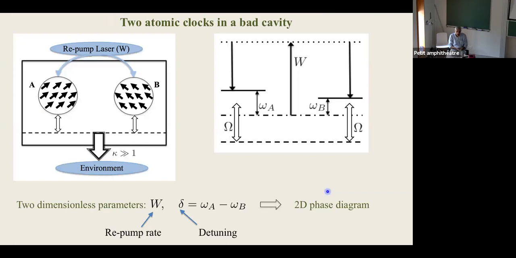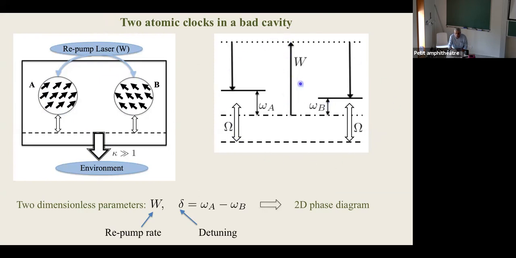So let's now look at two clocks in the same setup, in the same cavity. So again, it's a bad cavity and photons leak to the environment. And again, we have incoherent pumping here. Here is a schematic energy level diagram.